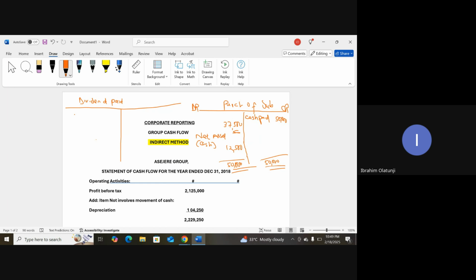Are you getting it? If it is dividend received, it is an income, you put it as a credit balance. But dividend paid serves as a debit balance because it's an expense to you. Expenses have a debit balance. But you are the one that is paying now.